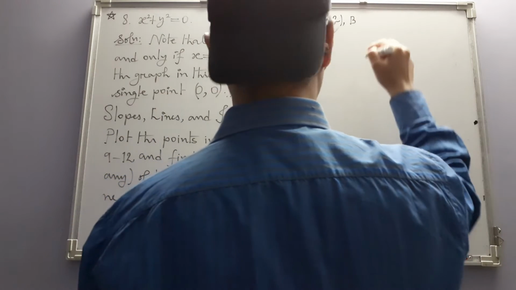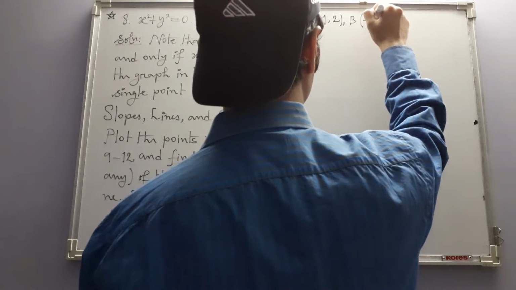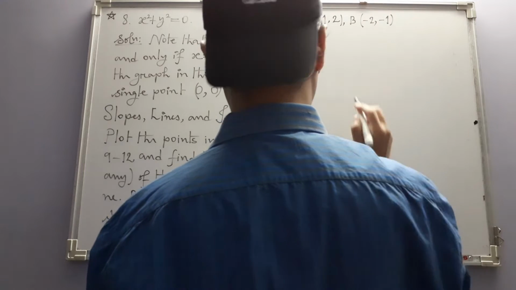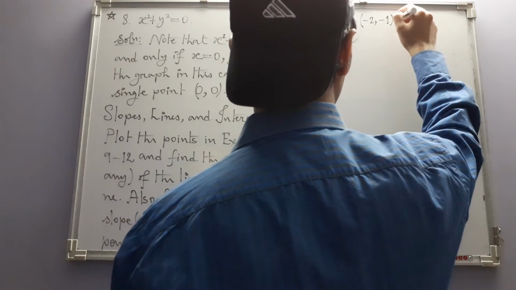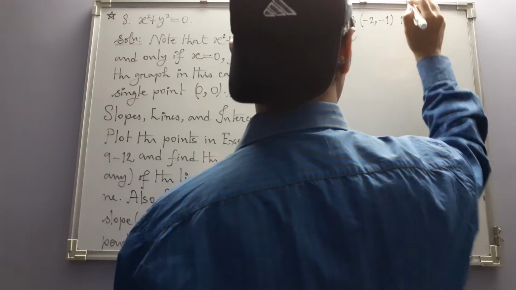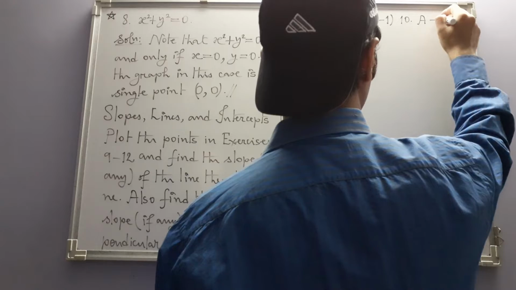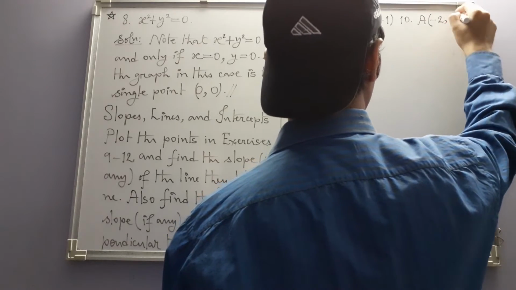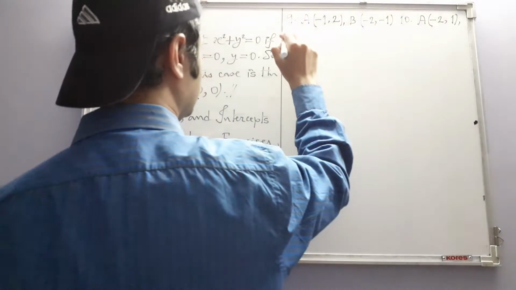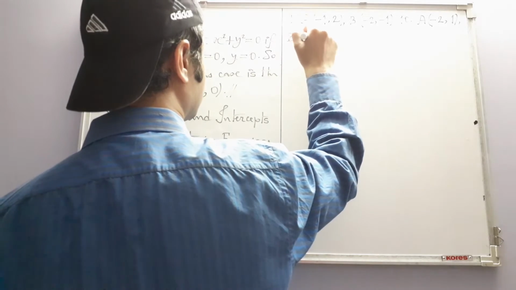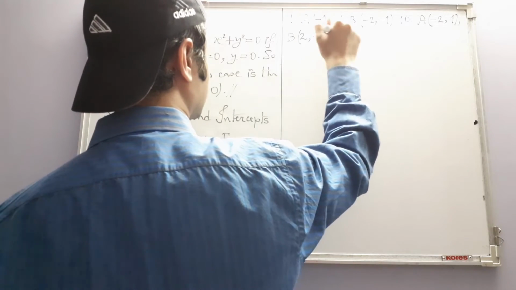B has the coordinates -2, -1. Then 10. A has the coordinates -2, 1, and B is 2, -2.